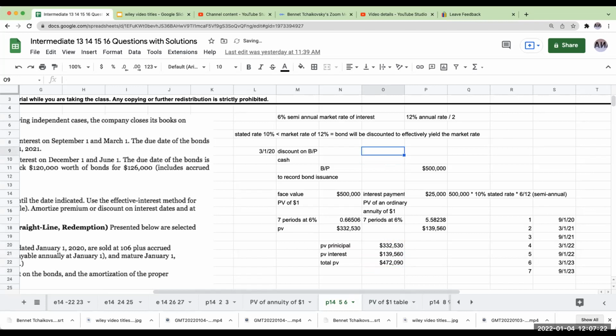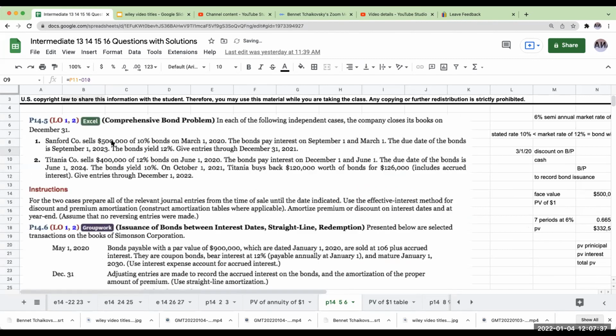So I know I've done this correctly because my cash proceeds are less than my face value. So my discount on bonds payable right over here is going to be $27,911.